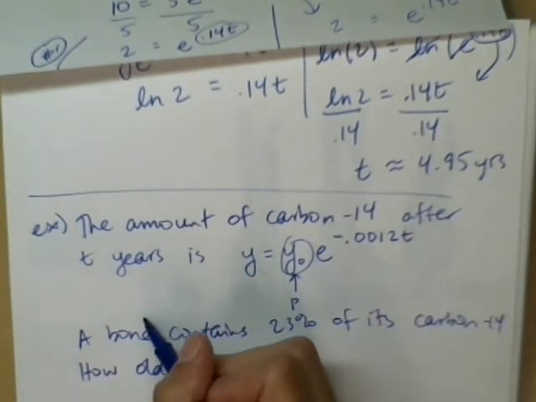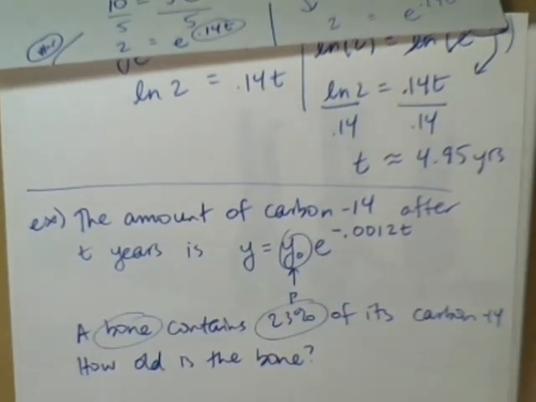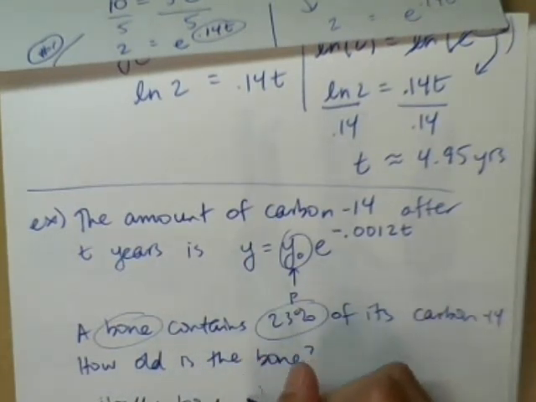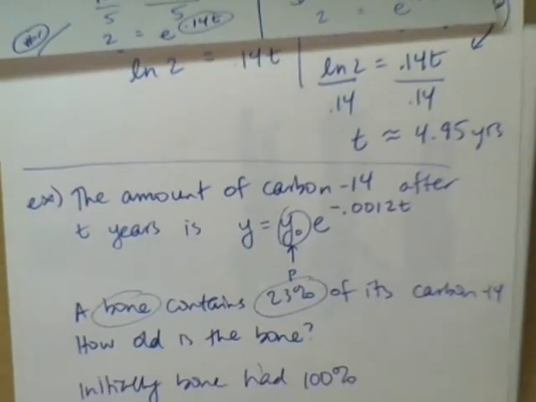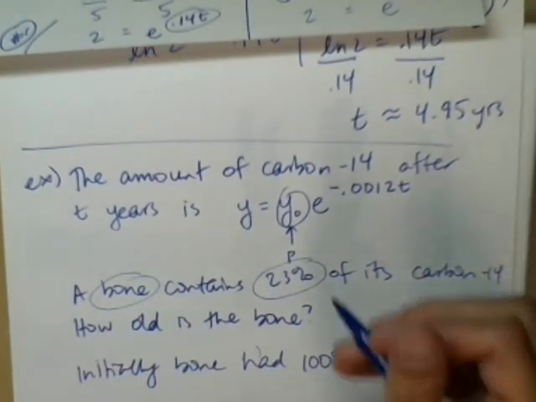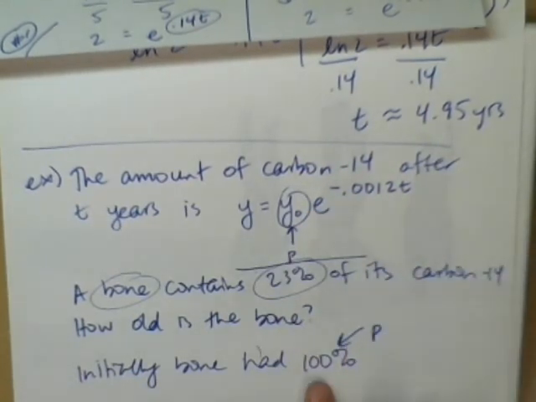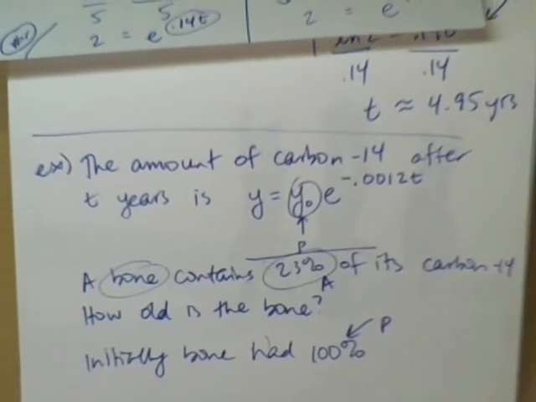Okay, so the bone that we found right now contains 23% of the carbon-14. Initially, the bone had 100% of its carbon-14. So initially, this would be my P. It's 100%. Right now, the amount is 23%.